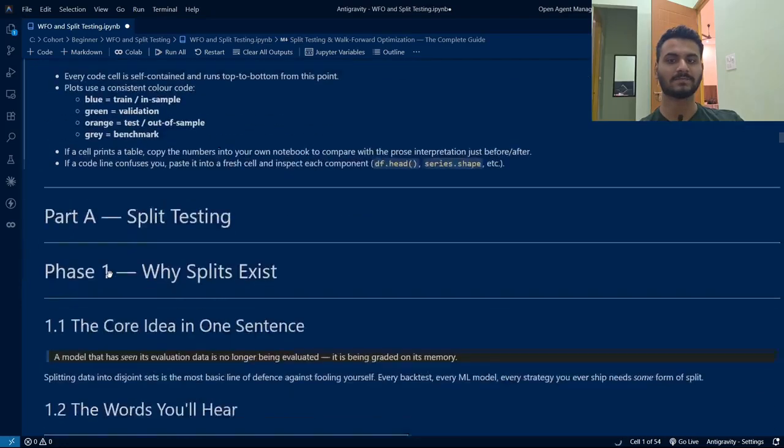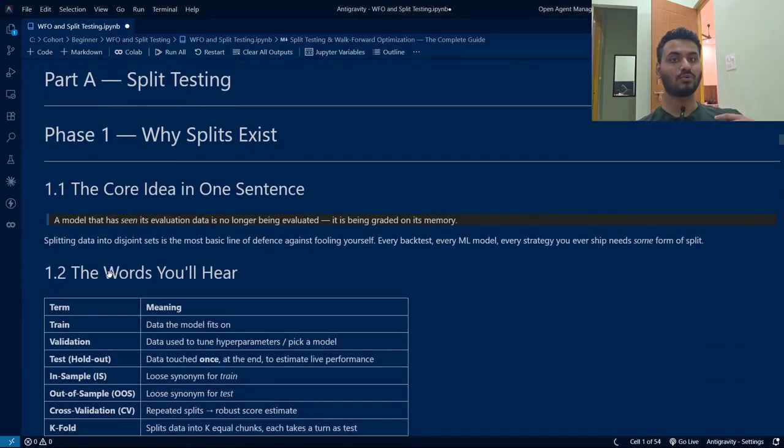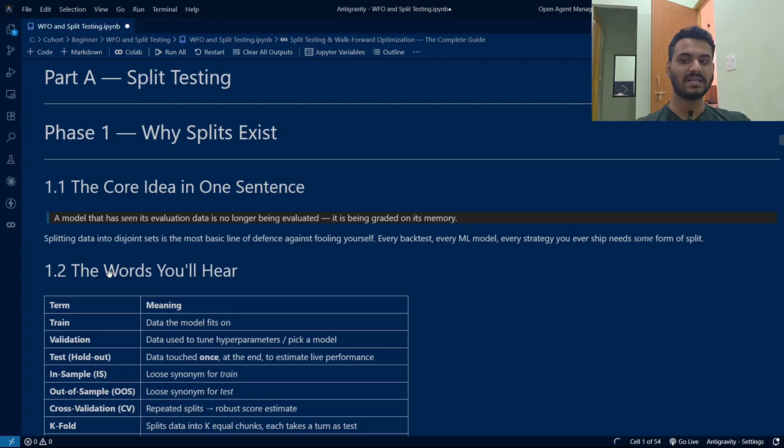Now, part A. Why do we actually use the splits? The core idea is that a model that has seen its evaluation data is no longer being evaluated. It's already graded on its memory. Consider it this way: you have a student with an exam in a few hours, and you're asking them to prepare, but instead of the student going through the entire syllabus, you already gave them the question paper, so they will train themselves according to the question paper, right?